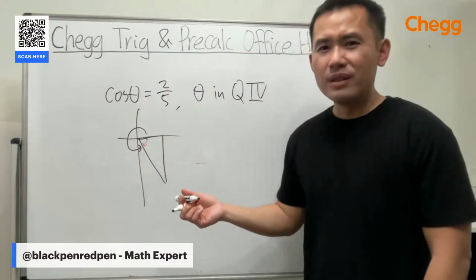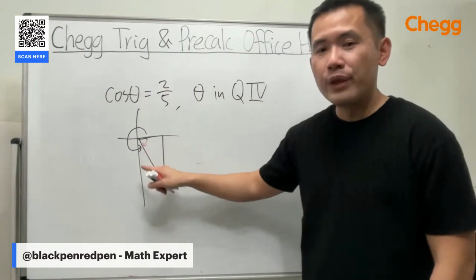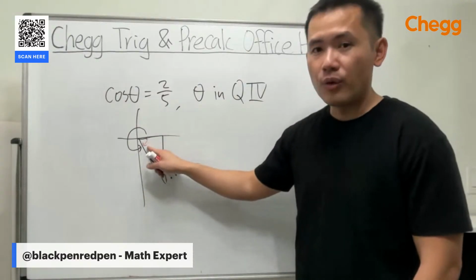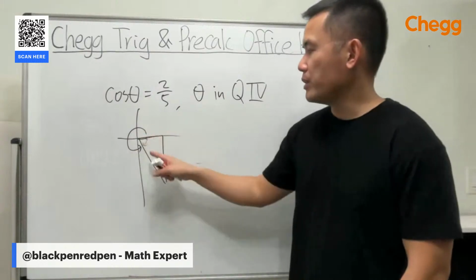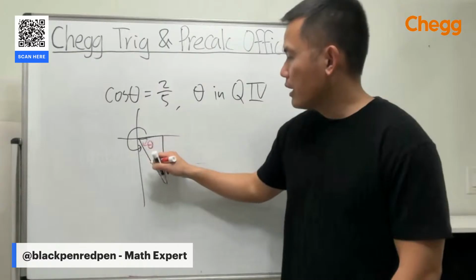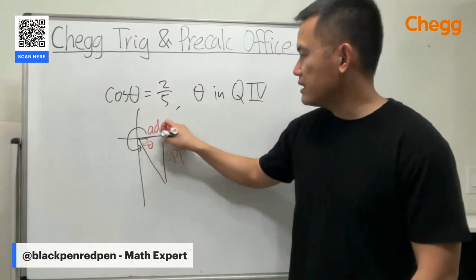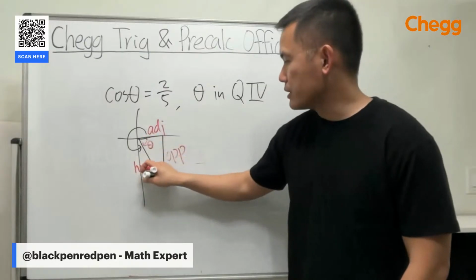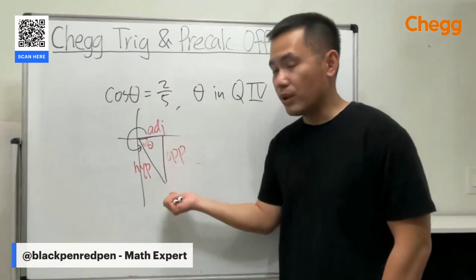They're coterminal. Doesn't really matter, but you should be really looking at this right here. You can take this as a reference angle. Either way is okay though, because they're coterminal. So that's why I was saying, look at this right here, and then this will be the opposite side. This is the adjacent side, and this is the hypotenuse. But the opposite will be negative because it's down below the x-axis.